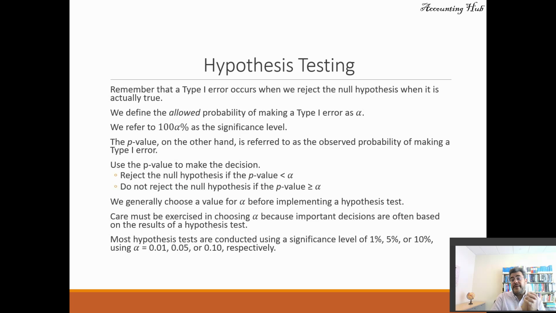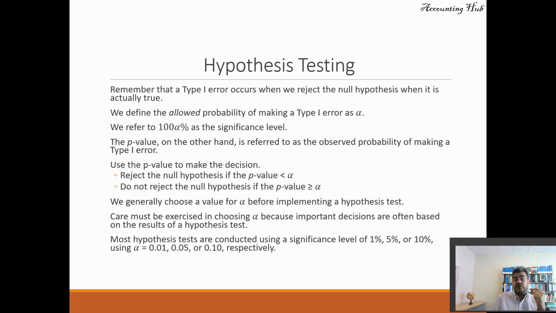So we compare alpha with the p-value or the critical value, we will see that later. And we refer to 100 alpha percent as the significance level. And the p-value, on the other hand, is referred to as the observed probability of making a type 1 error.